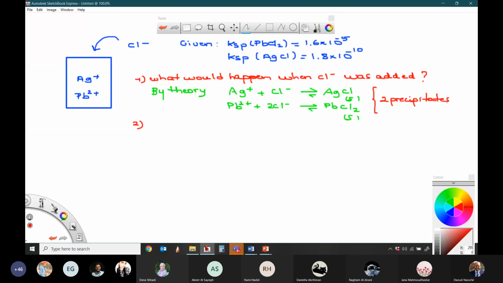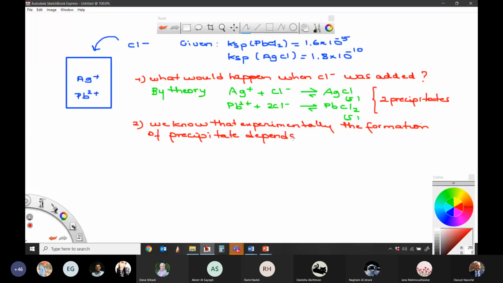This is by theory. But we know that experimentally, the formation of precipitate depends on the initial concentration of Ag+, the initial concentration of Cl-, and the initial concentration of Pb2+.